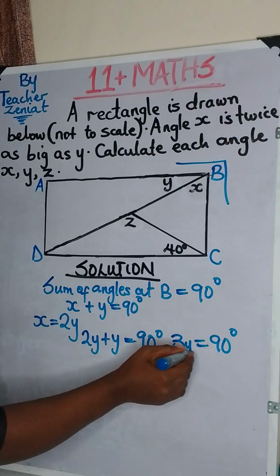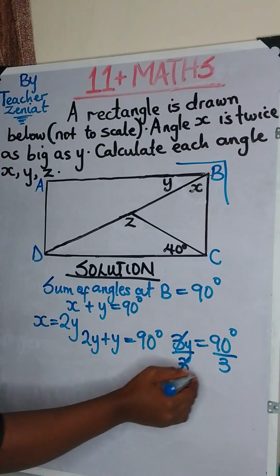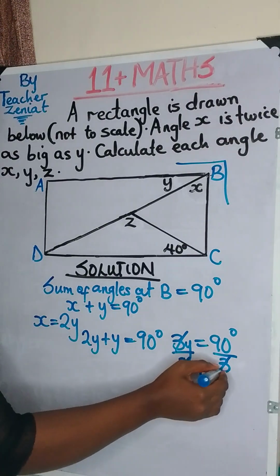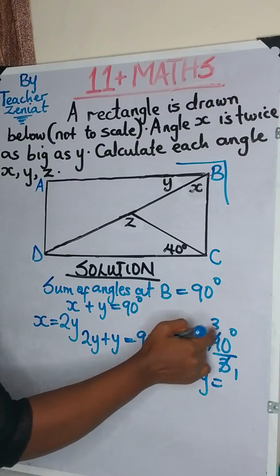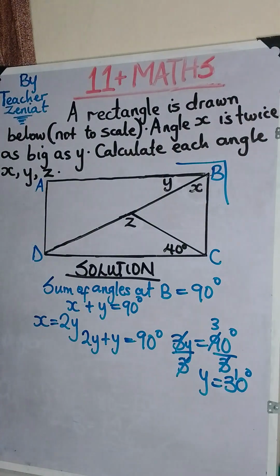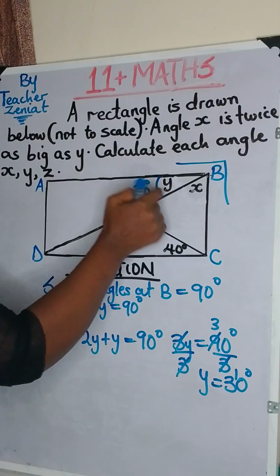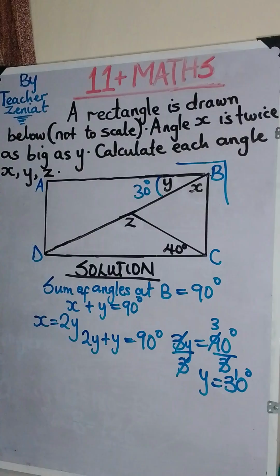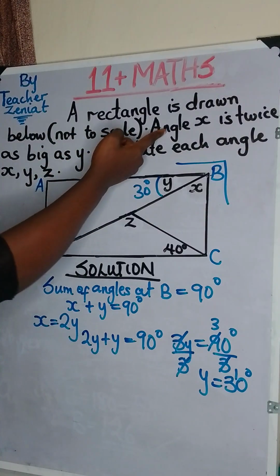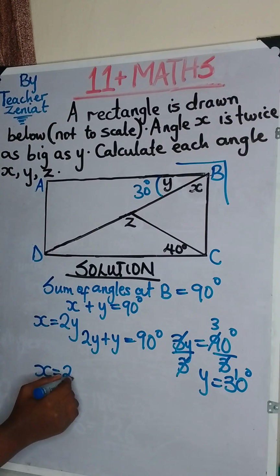So let's divide both sides by the coefficient of Y. 3 will cancel out 3, so that Y will be equal to 3 into 9, 3. Add 3 to this 0, we have Y to be 30 degrees. Now that we know that Y is 30 degrees, let's find our X. Now, from the question, they said angle X is twice as big as Y. So X is equal to 2Y.